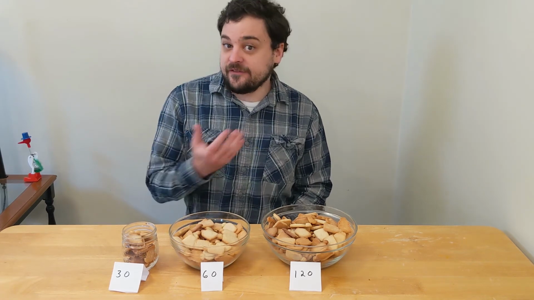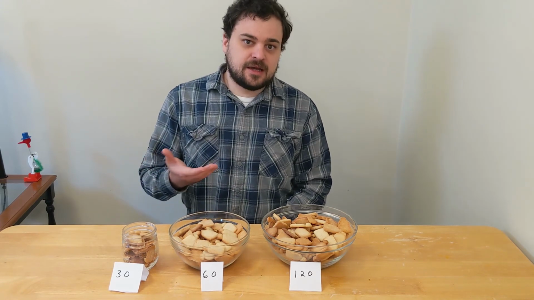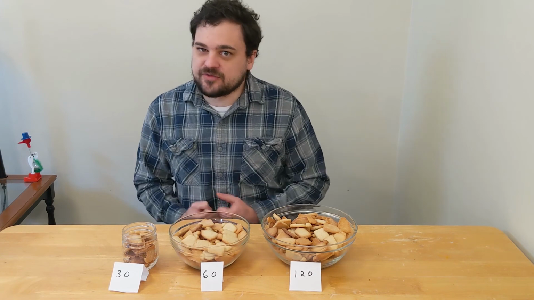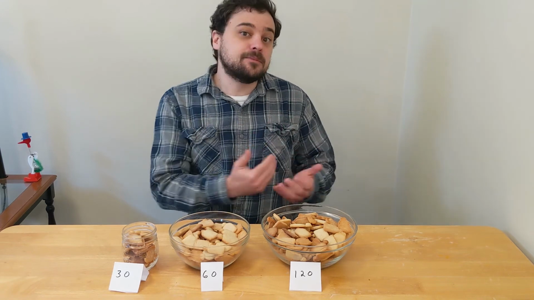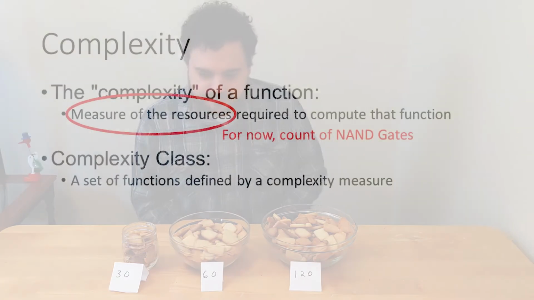It also allows me to check the efficiency of my implementations of things. If I implemented some function and I used 50 gates, but I knew it belonged to the complexity class indicating it only required 25 gates, then I knew I didn't have a very efficient implementation of that function. I should be able to do better than that, so I could work on improving that circuit.